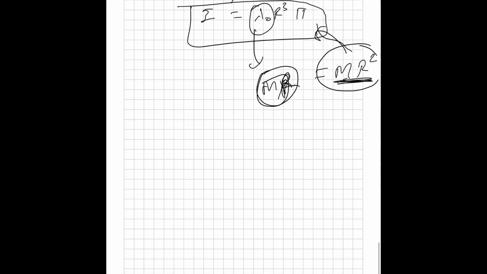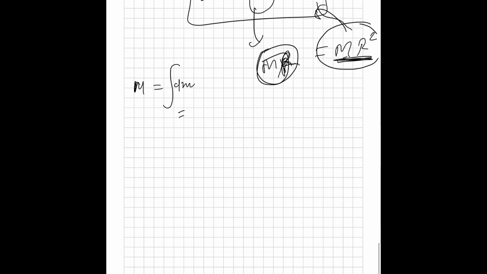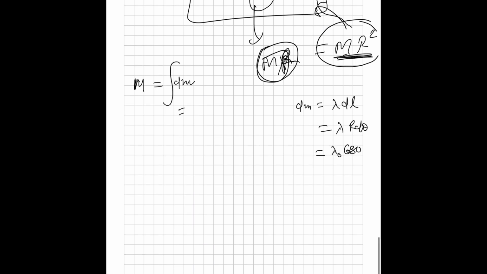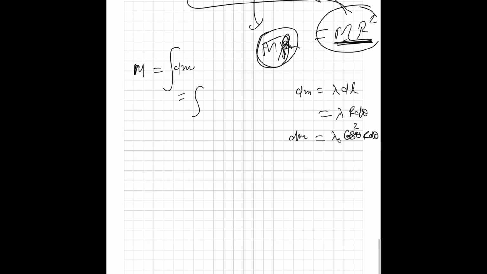So I know my dm, the total sum of dm's, and dm is lambda dl, lambda r d theta. Lambda is given as lambda naught cos square theta, so lambda naught cos square theta r d theta.